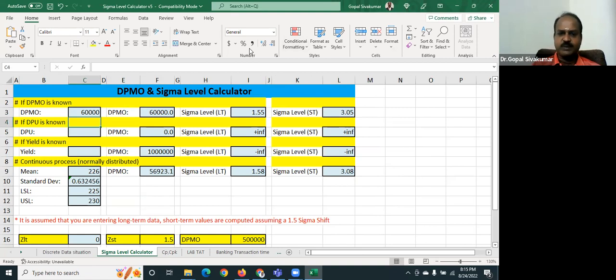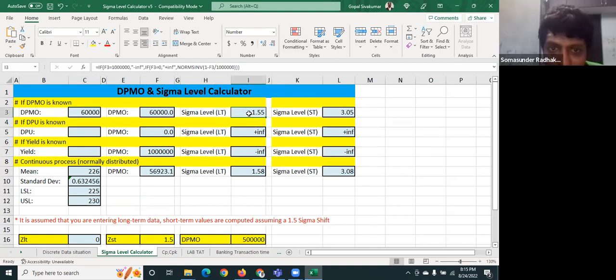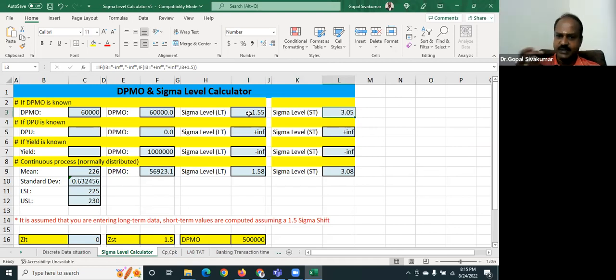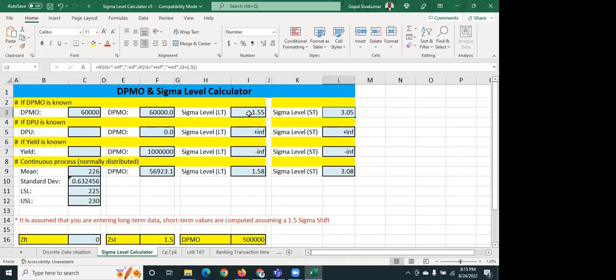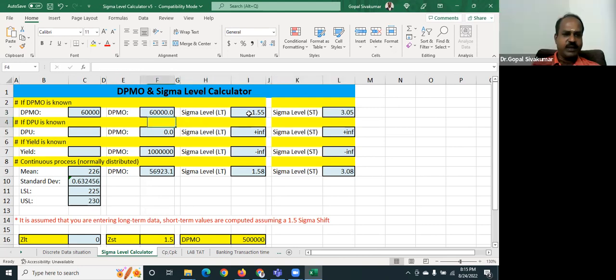Is my screen fully visible or is something hiding? It's fully visible, sir. Tell me, when I type DPMO, what is populating? Sigma level LT and sigma level ST. Sigma LT and sigma ST are populated automatically. And then we have other things, defects per unit, and then DPMO.